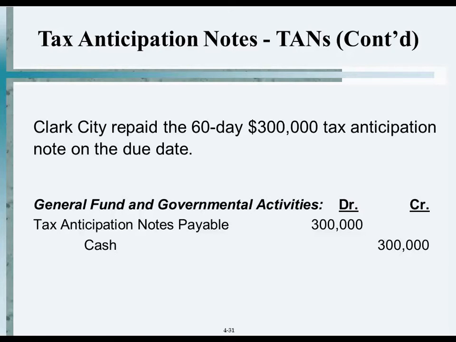Why would a bank want to do this, or some other financial institution? Why might they be interested in this transaction? If you, the interest that's earned by the financial institution, is that tax exempt?